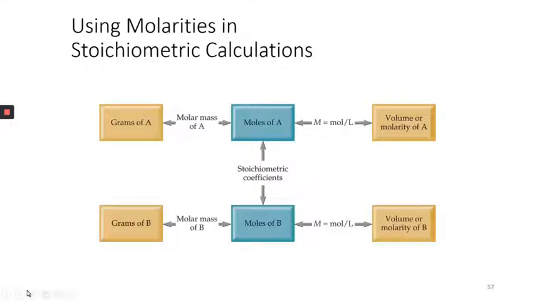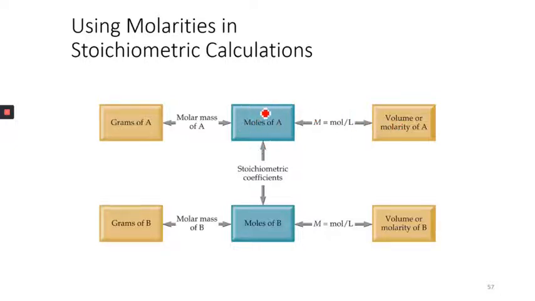So here is a flowchart or schematic to show you how you could use molarities and stoichiometry to do calculations. If you just walk through it, if you have grams of A and you divide by the molar mass, you will end up with moles of A. And then if you know the volume in your solution, you can divide by the volume and you end up with molarity.